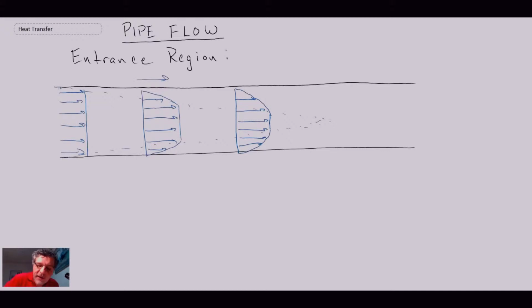Eventually our boundary layer will grow and grow, and we'll get to some point within the flow field where the boundary layers have merged from around the perimeter of the wall. Here we're looking at, for example, a round pipe. When that occurs, that denotes what we call the hydrodynamic entry length.